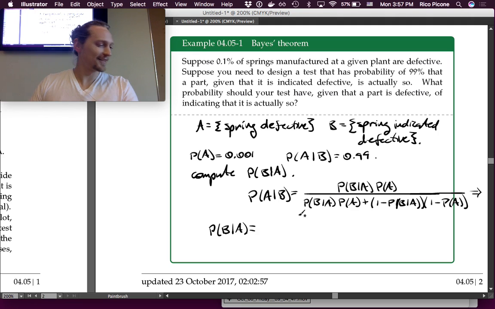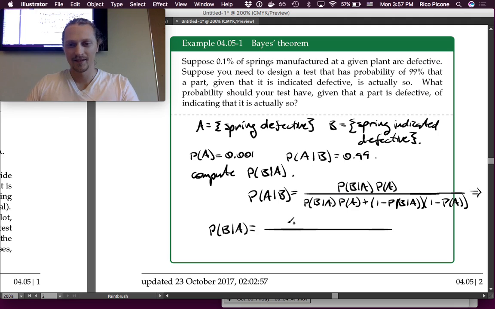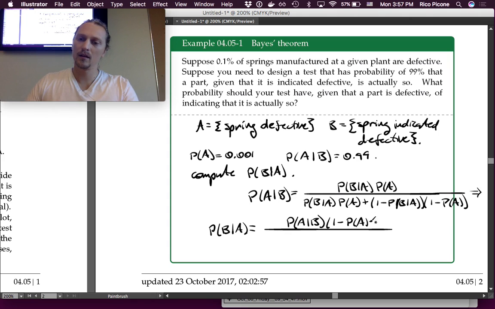Yeah, you like that? The probability of B given A equals the probability of A given B times 1 minus the probability of A, divided by the probability of A plus the probability of A given B. Holy notation, right?